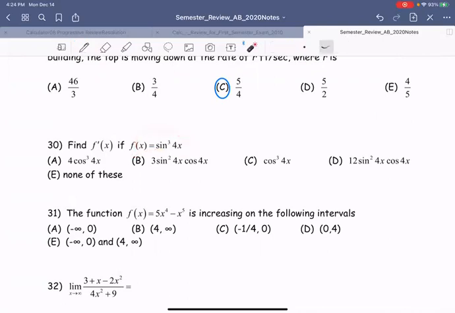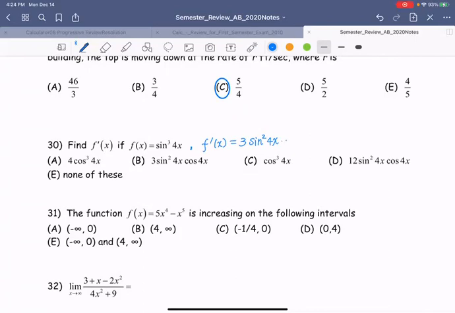This one, let's do it. You have no problem doing this. So we do the chain rule, right? Yes. So first we pull out 3. So it'd be 3 sine squared 4x. And then times what?